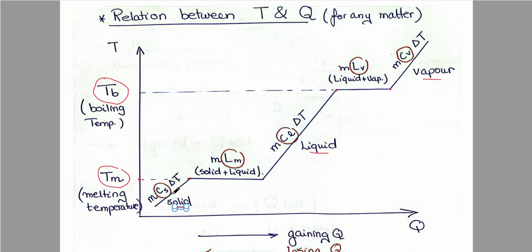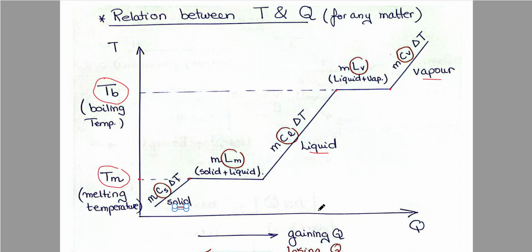During the phase of solid, the amount of heat energy is calculated as m C solid delta T. And in the phase of the liquid, m C liquid delta T. And in the phase of the vapor, m C vapor delta T.